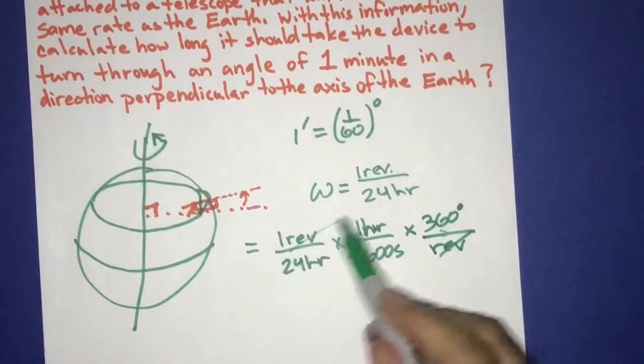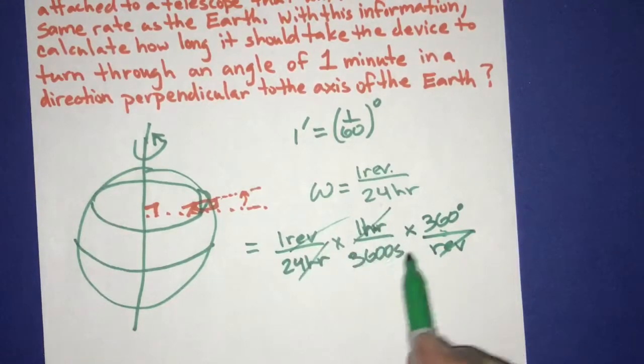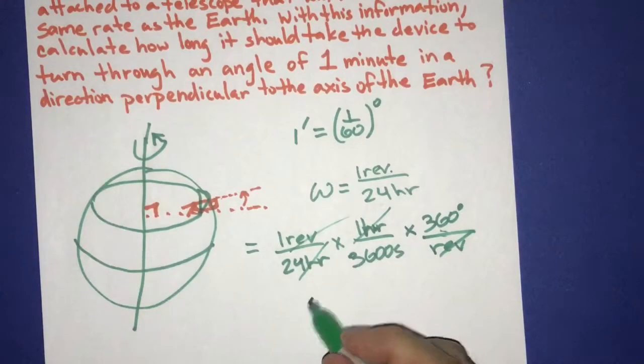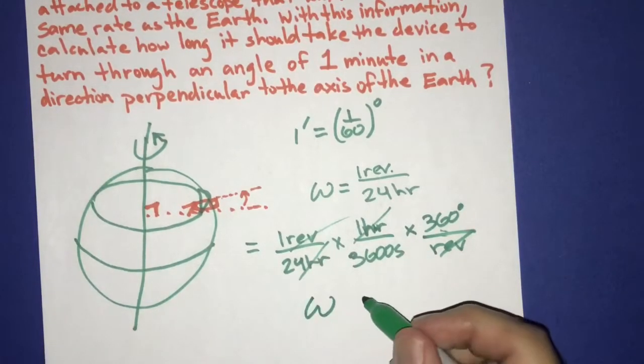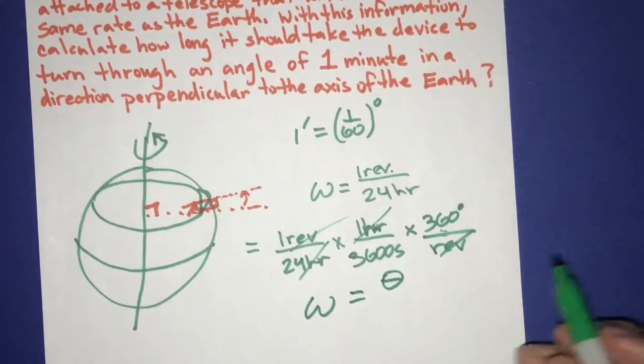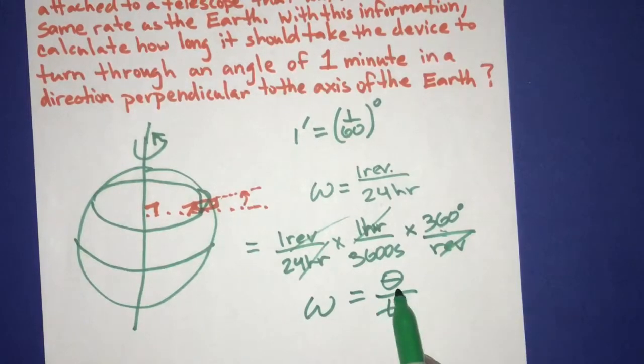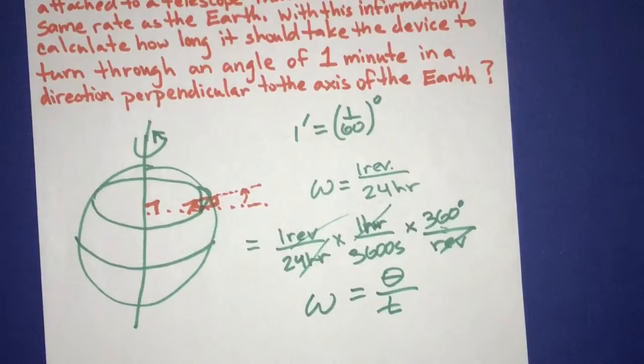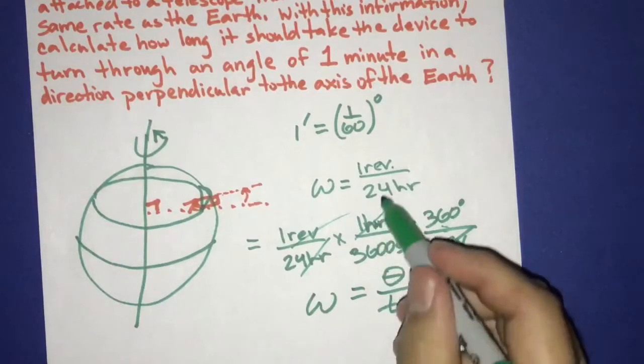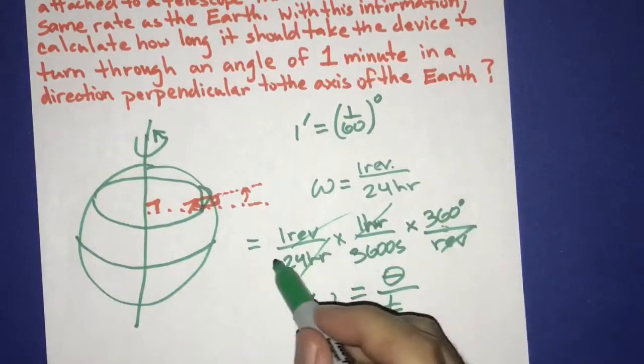So we're going to get our revolutions canceling, and our hours canceling, so we're left with something in degrees over seconds. Okay, and let's take a look at what angular speed is. That's just the measure of angles over time. So this is the measure of rotation over time. Okay, so let's go ahead and plug in some of these numbers. So this is what our omega is right here.